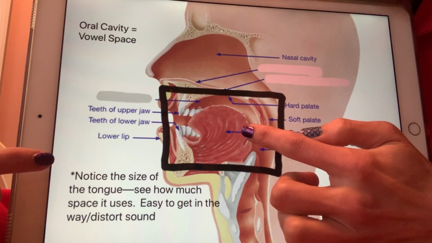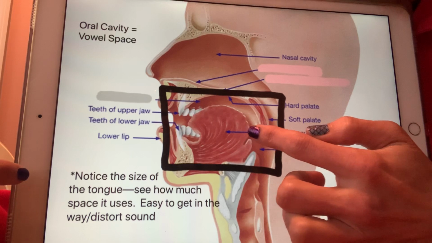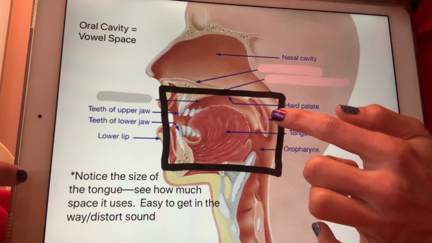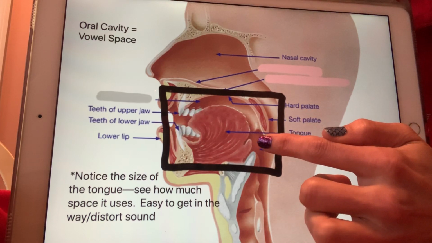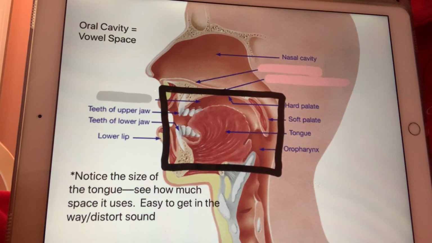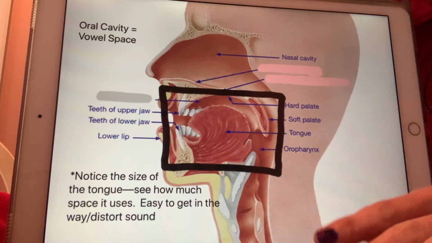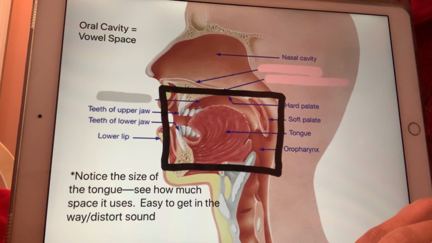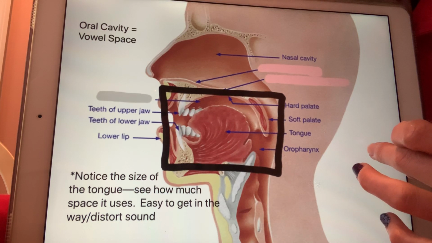It takes up a lot of space in there. And so because of that, it's easy to get in the way or distort our sound. And it's soft, so it doesn't help the sound move forward necessarily. So it's not something that helps in resonance. So we try to keep it out of the way as much as possible without adding tension to our sound.